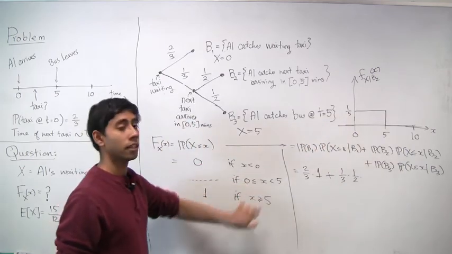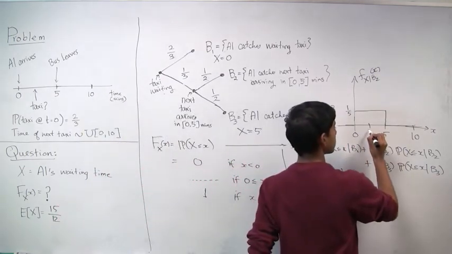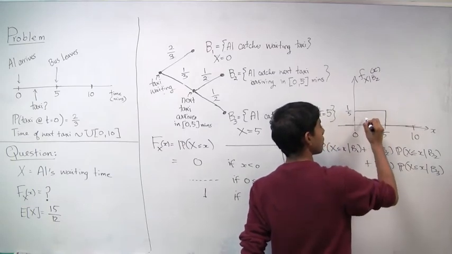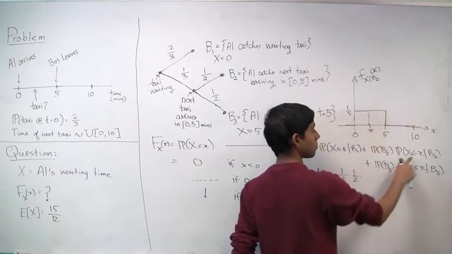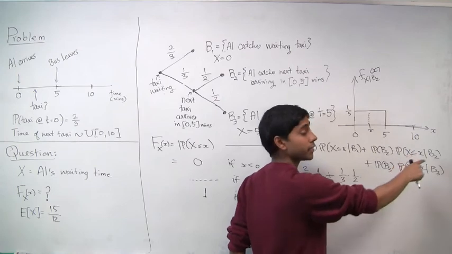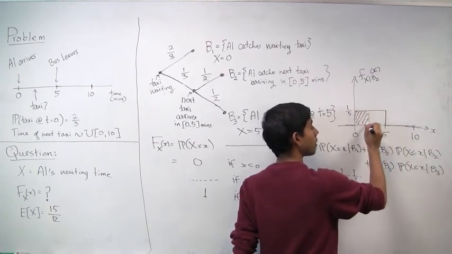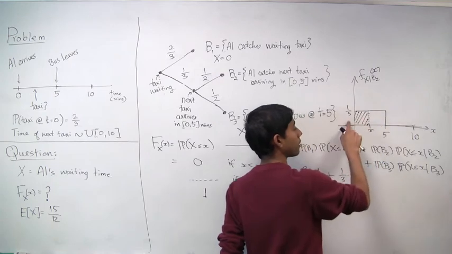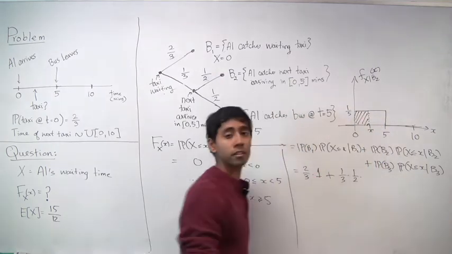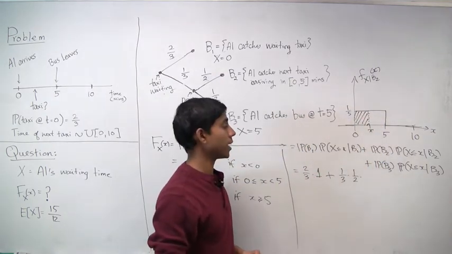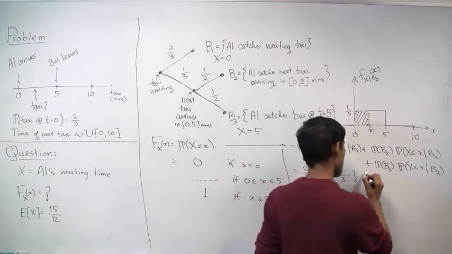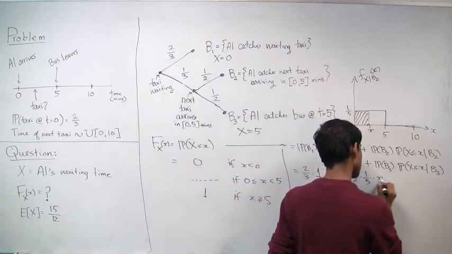And this is our condition. And so x is going to be somewhere in between these spots. And we'd like to compute, well, what's the probability that random variable x is less than or equal to little x. And so we want this area. And that area has a height of 1/5 and width of x. And so the area is going to be 1/5 times x.